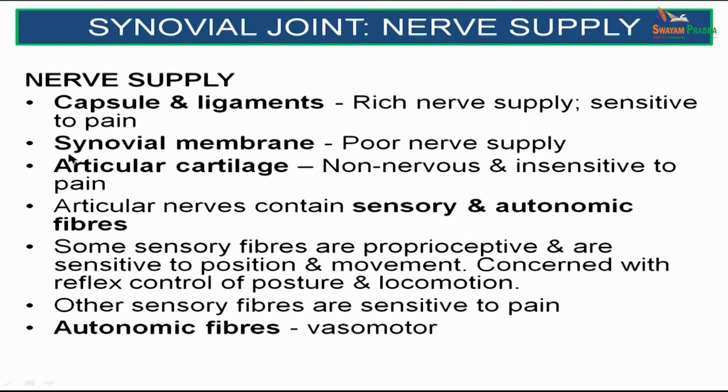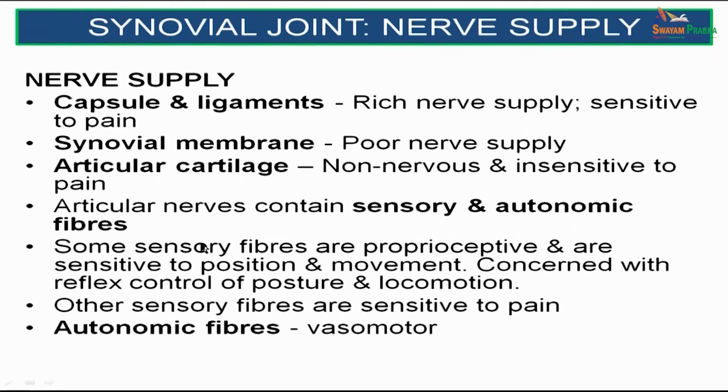Nerve supply. The capsule and ligaments of every joint are richly supplied by nerves. They are sensitive to pain. But the synovial membrane has a poor nerve supply. The articular cartilage is totally not supplied by nerves, it is non-nervous and hence insensitive to pain. Now, the nerves which are called the articular nerves contain sensory fibers and autonomic fibers.